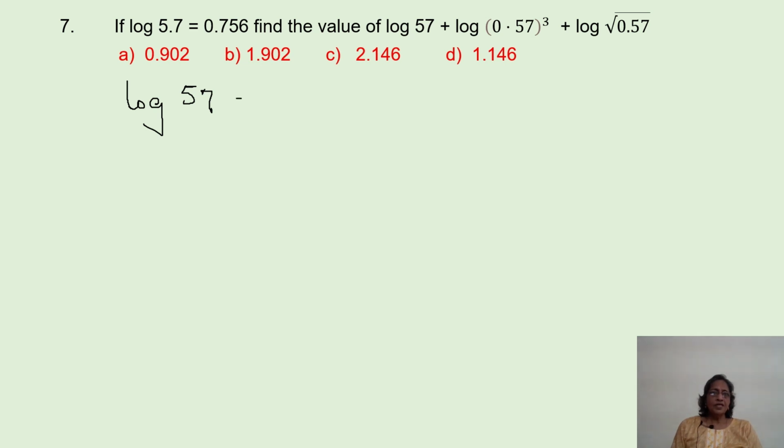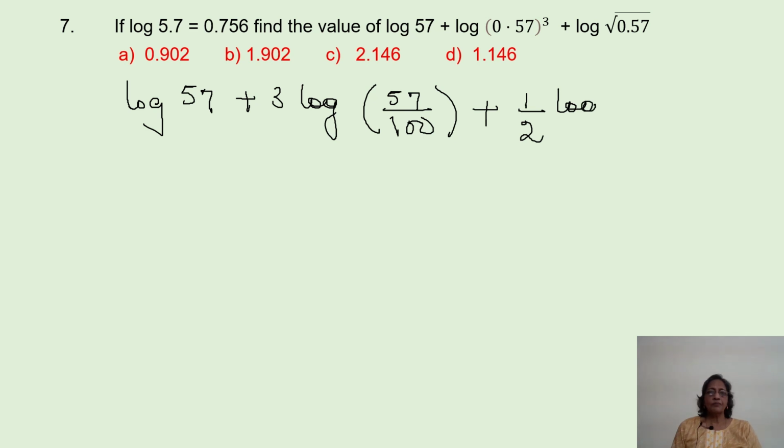Now, using my property, I'll get this as 3 log. Now the 0.57, I am going to convert it and make it 57 upon 100. Plus, under root means it is raised to half. So I can write this as log half, again 57 upon 100 here for the 0.57.